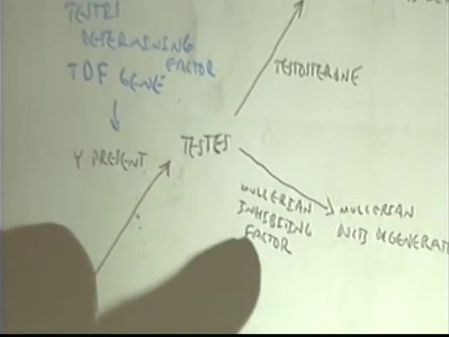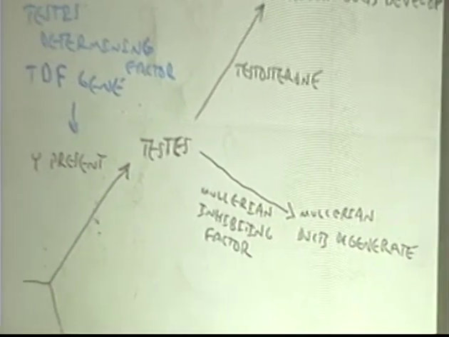All right, if you have a testis versus an ovary, then different things are going to be happening here. If you have testes rather than ovaries, you produce testosterone. That causes the Wolffian ducts to develop. You also produce MIF, Mullerian inhibiting factor, and that causes the Mullerian ducts to degenerate.